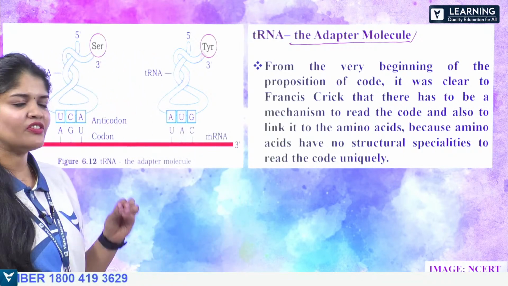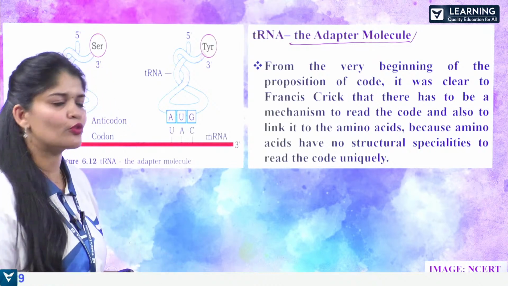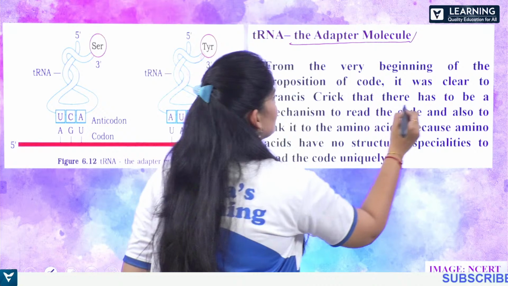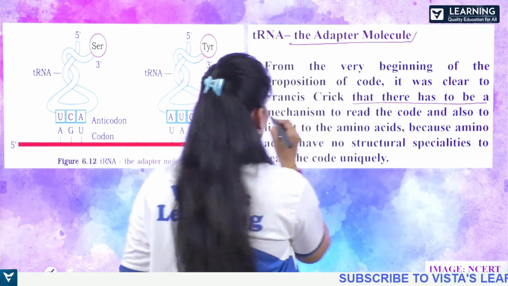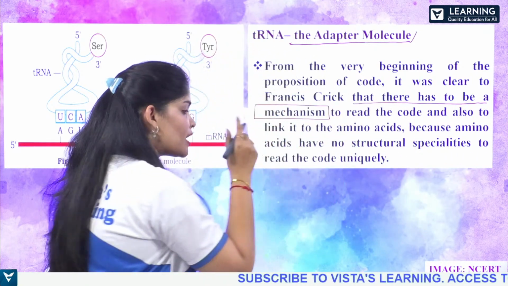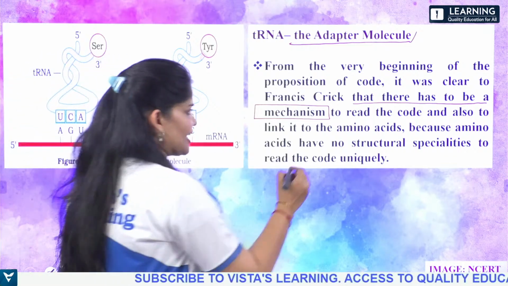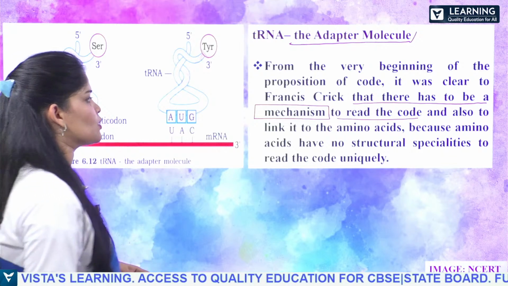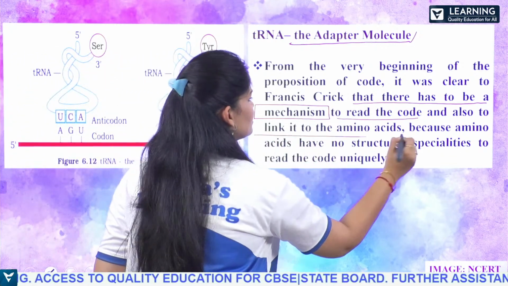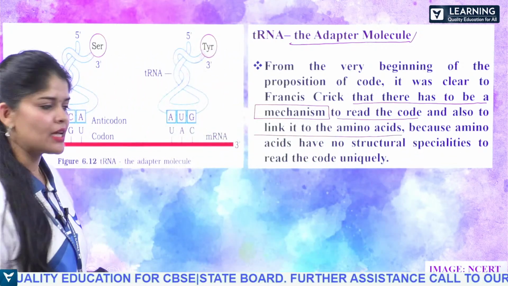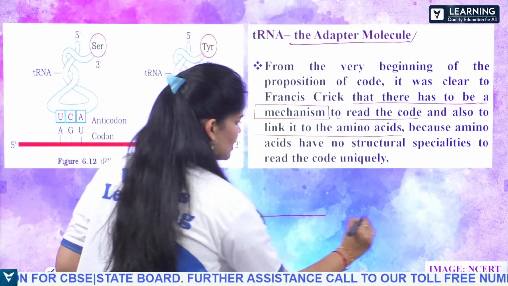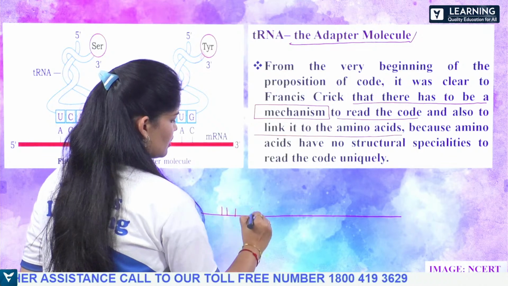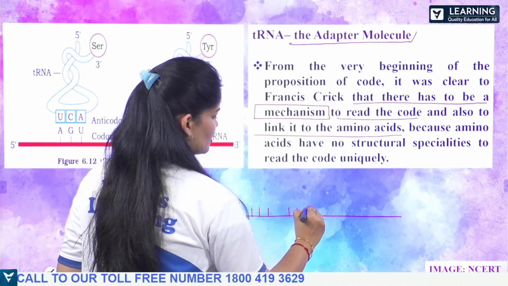Now, from the very beginning of the proposition of the genetic code, it was clear to Francis Crick that there has to be a mechanism to read the genetic code and also to link it to the amino acids. See, if you consider this is an mRNA, we have codons on it.